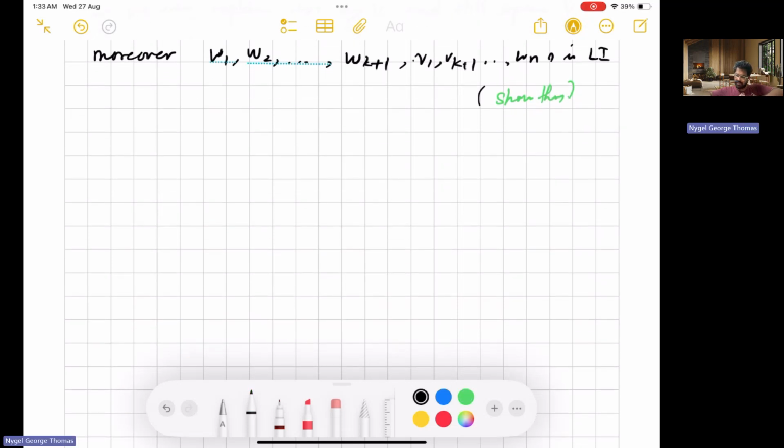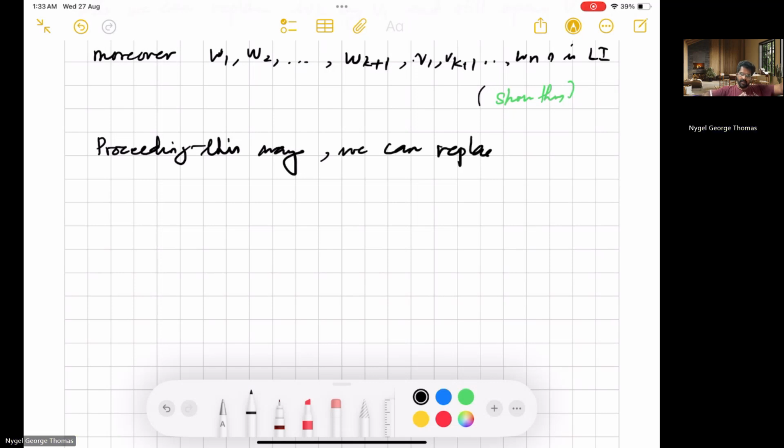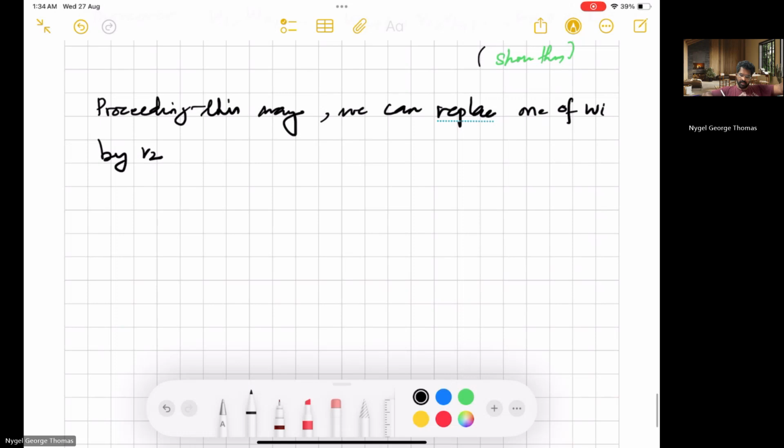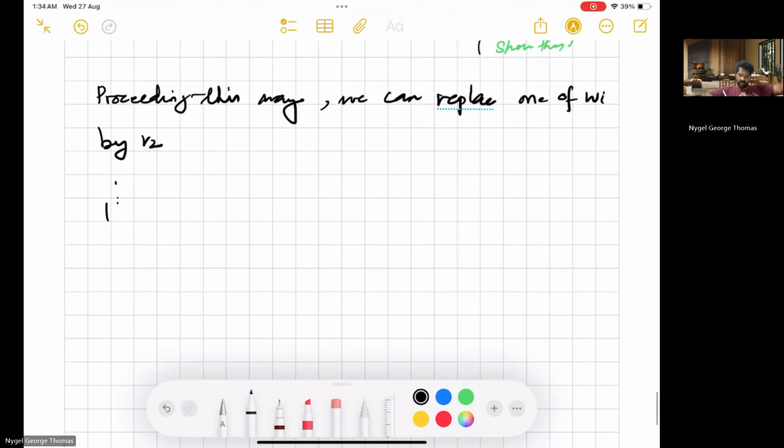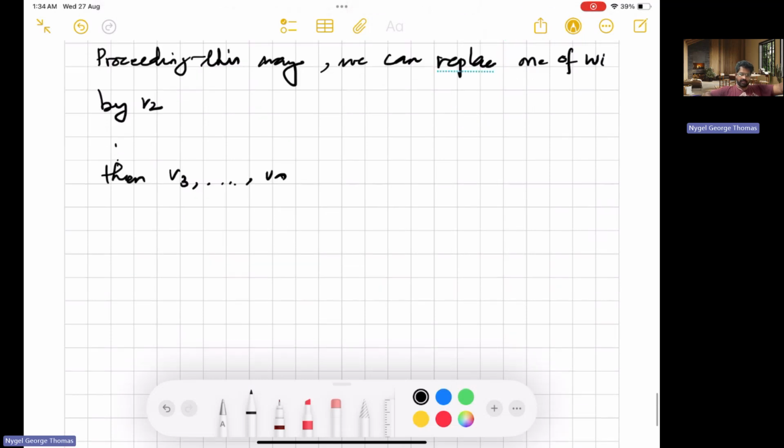Proceeding this way, we can replace one of the wi by v2 and again another wi by v3, then v3, etc. vn.